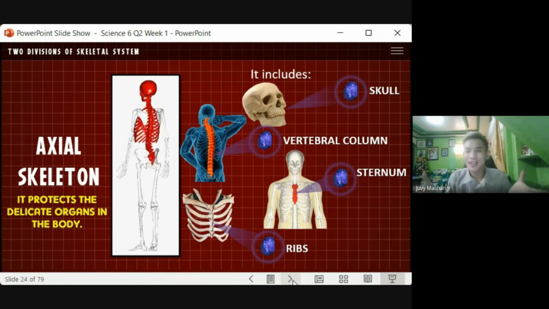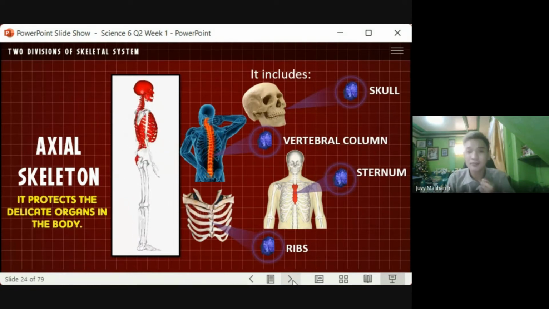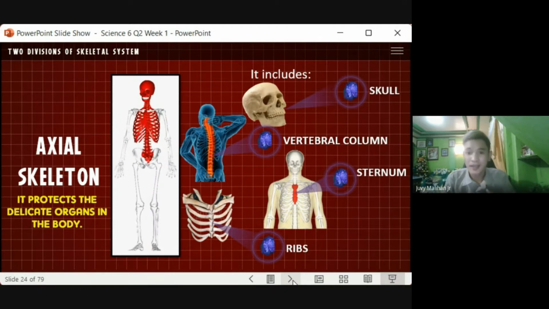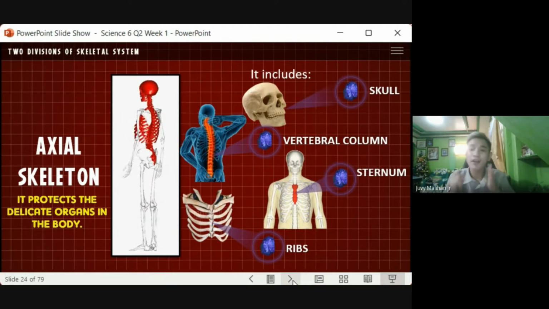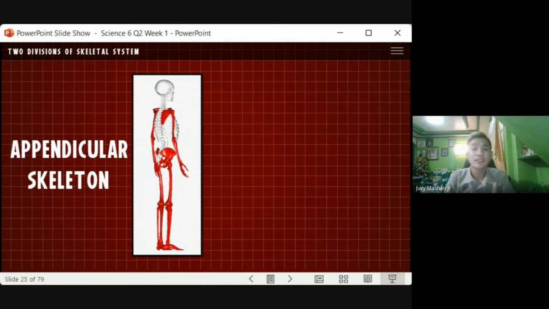Okay, so what are again the parts under the axial skeleton? We have the skull, the vertebral column, or we call it also the spinal column or vertebrae. We have the sternum and we have the ribs. Right. So on the other hand, we have the appendicular skeleton.